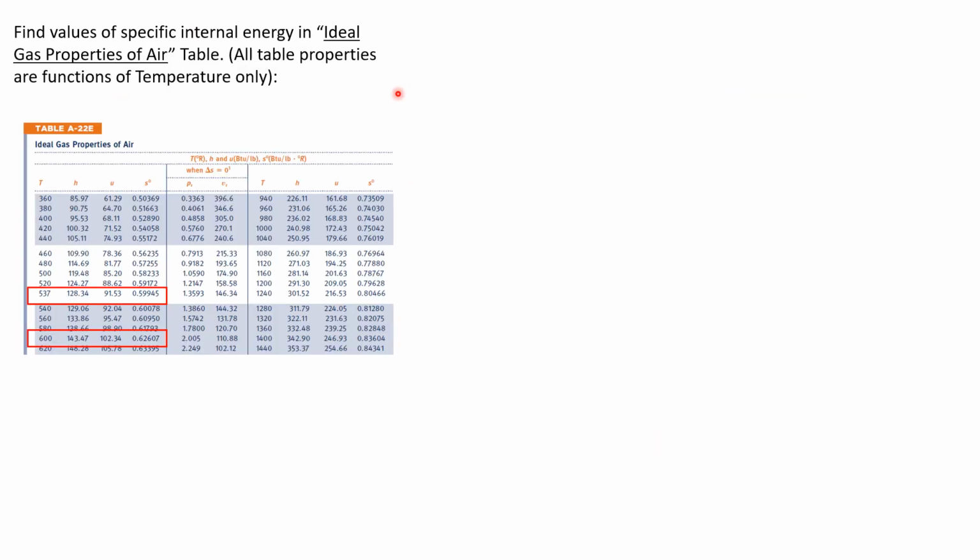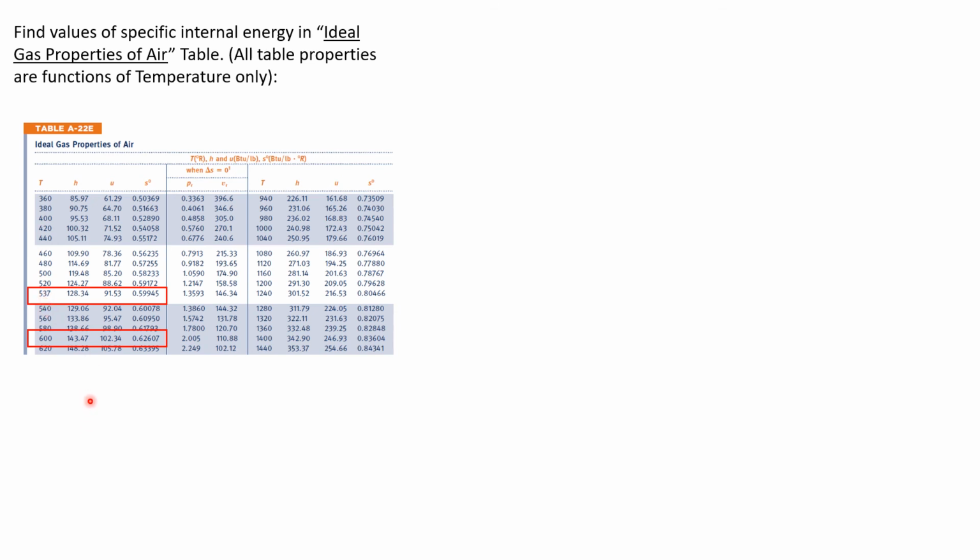So I'm going to find the values of specific internal energy at state 1 and state 2 in a table. And the table I'm going to use is called the ideal gas properties of air. And we'll see that because air is an ideal gas at these states in the table, my properties, for instance, enthalpy and internal energy, are functions only of the gas's temperature.